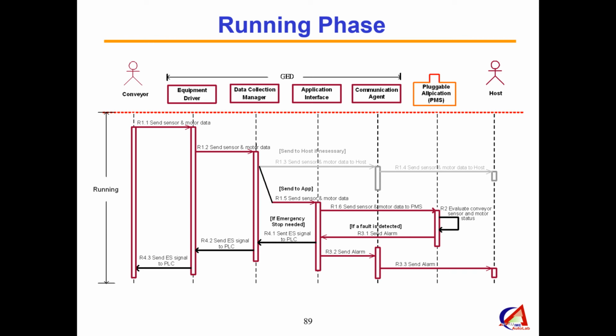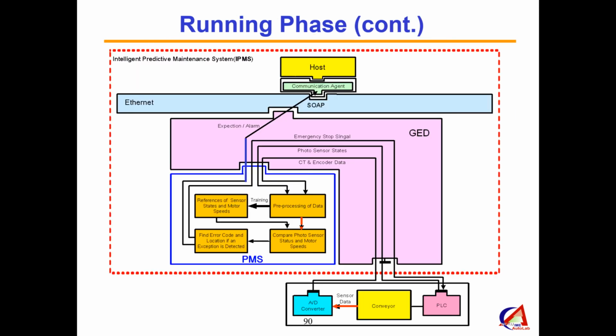Then during the running phase, of course we need to collect data and then compare it with the reference, right? Collect data, go to here and then compare with the reference and check to see what's going on there. And if something is wrong, then report it to the host.